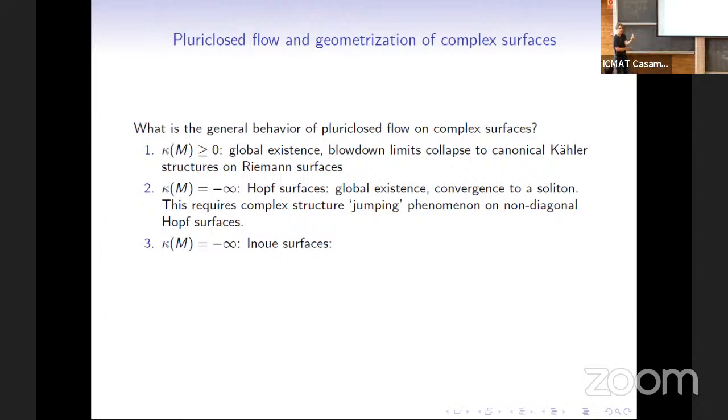The diagonal ones occur as the exceptional fiber in a family where every other fiber is the non-diagonal one. This is the complex structure jumping phenomenon that happens in Kähler Ricci flow. I very much believe that's what's happening if you start pluriclosed flow on non-diagonal Hopf. It just seems like the right thing to happen.